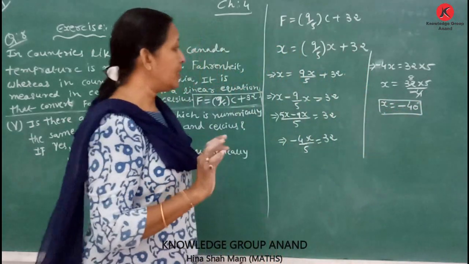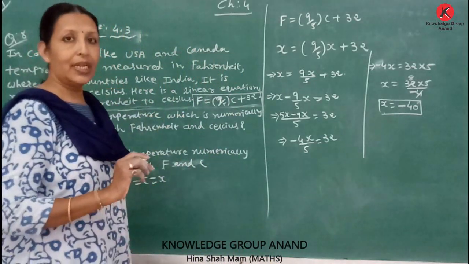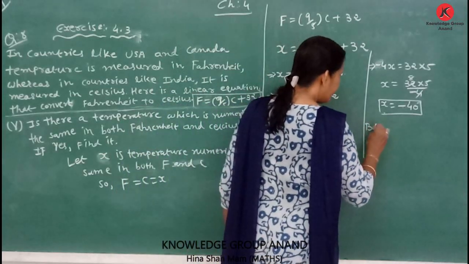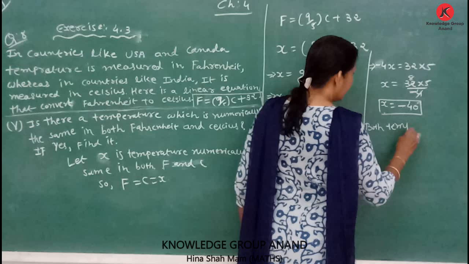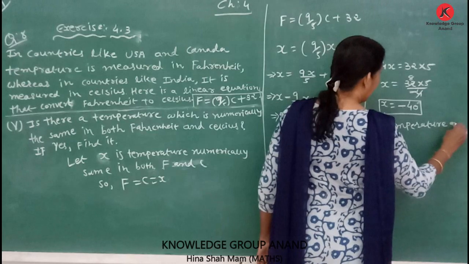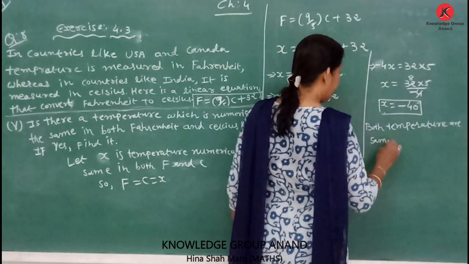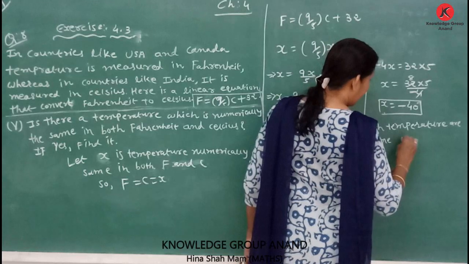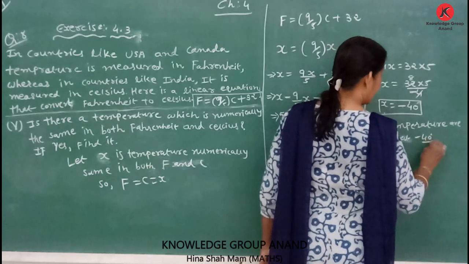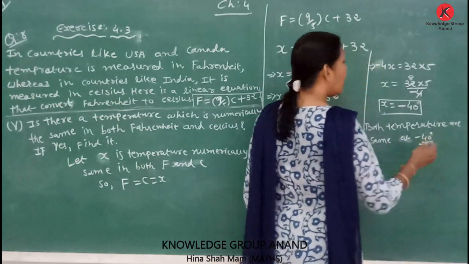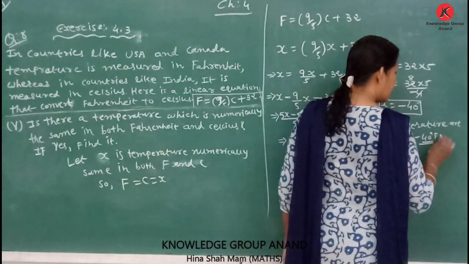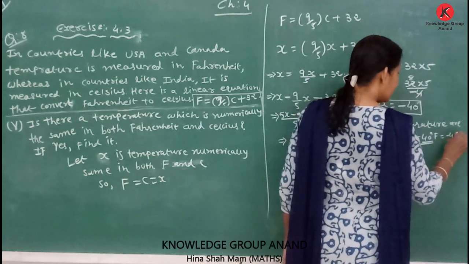F is equal to minus 40 degrees and C is equal to minus 40 degrees. Both temperatures are the same at X equal to minus 40 degrees. Minus 40 degrees Fahrenheit is equal to minus 40 degrees Celsius.